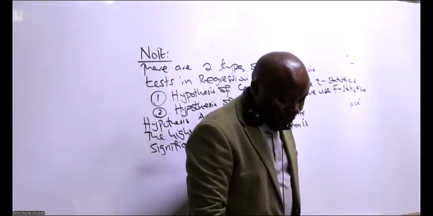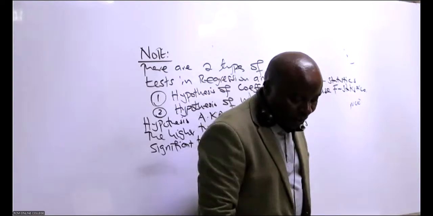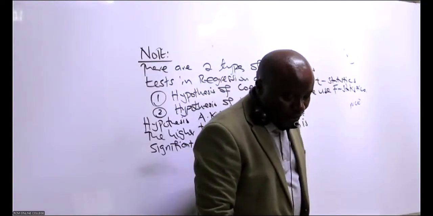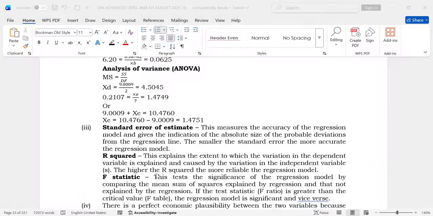So I repeat, because I want us to do what this examiner told us to do. They wanted us, ladies and gentlemen, to describe what the F statistic is. So write there, F statistic.